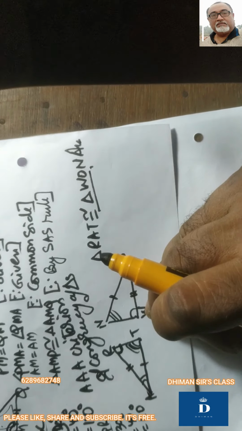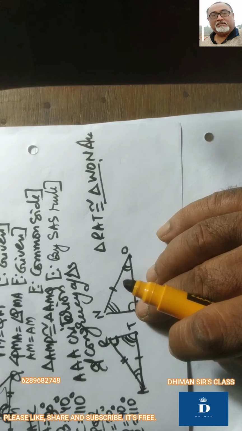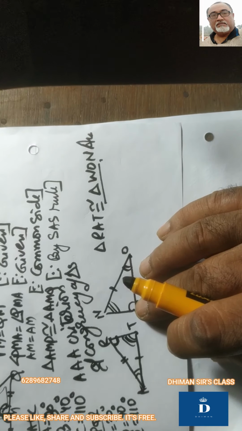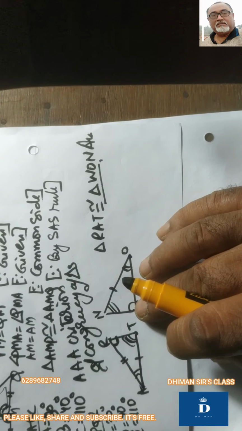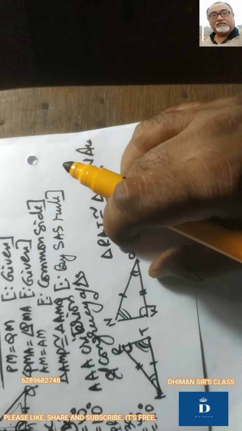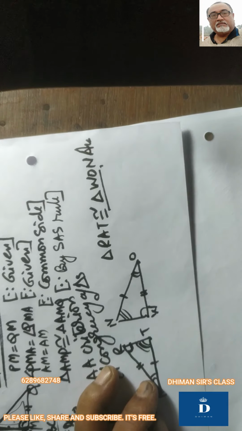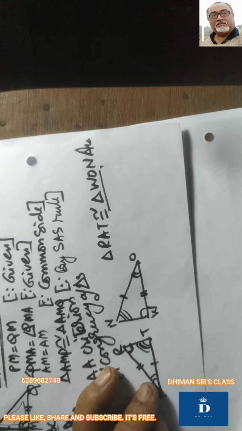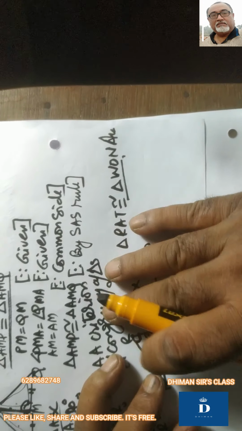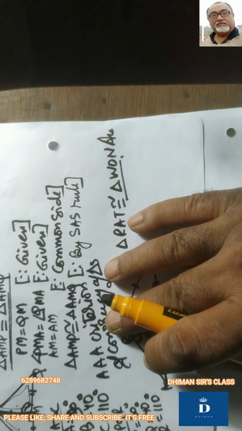This will be the answer. Okay, students, this was question number 5. Now, question number 6, complete the congruence statements. I hope, according to question number 5, you would be able to do this by yourself. Now, question number 7 is a squared sheet.